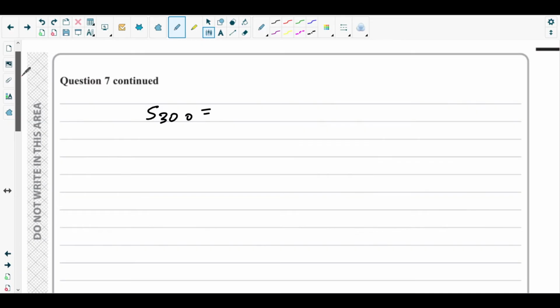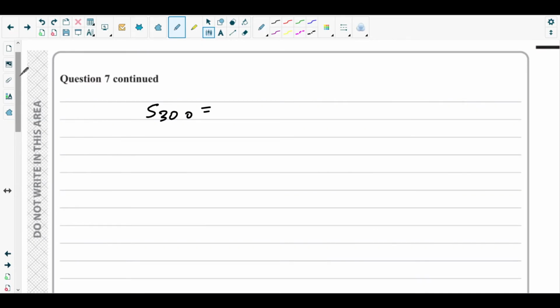So we got the common ratio, right? Now we will find the sum of the first 300 terms for scheme B. Let's check the common ratio: is it greater than 1 or less than 1? The formula for the sum of the terms depends on that. We got 25 over 2 to the power 1 over 299, which is greater than 1.